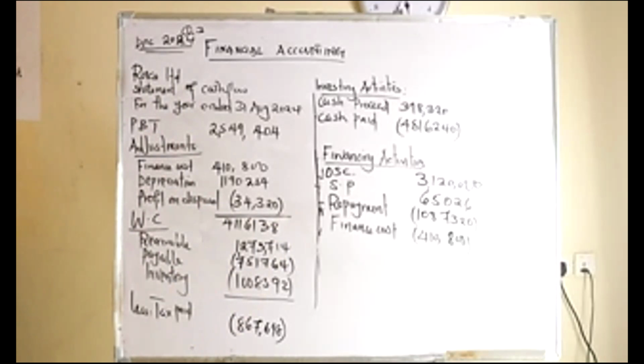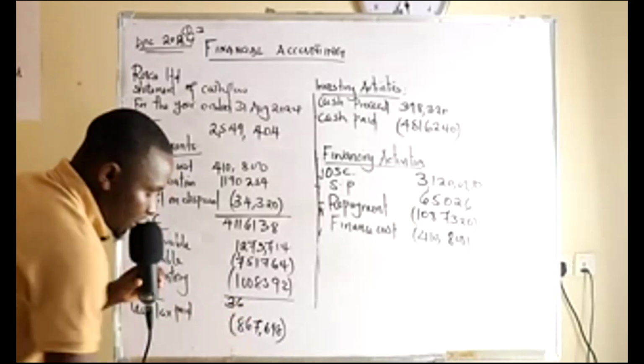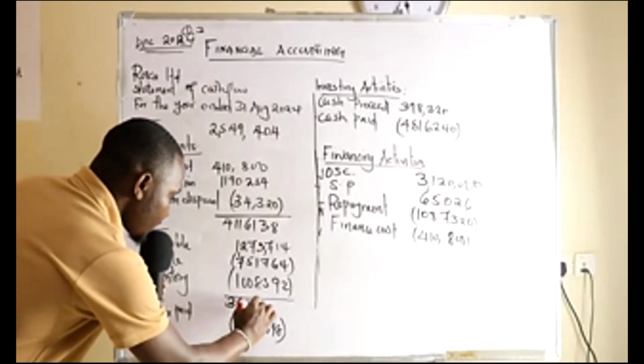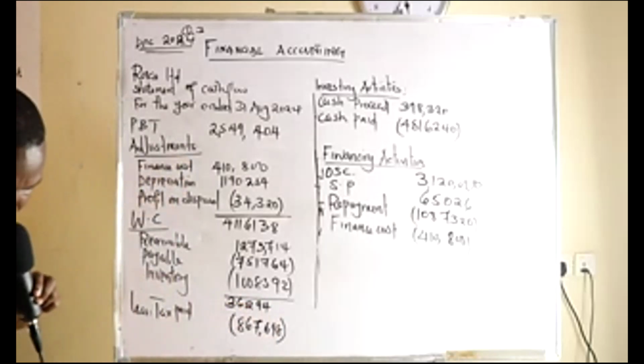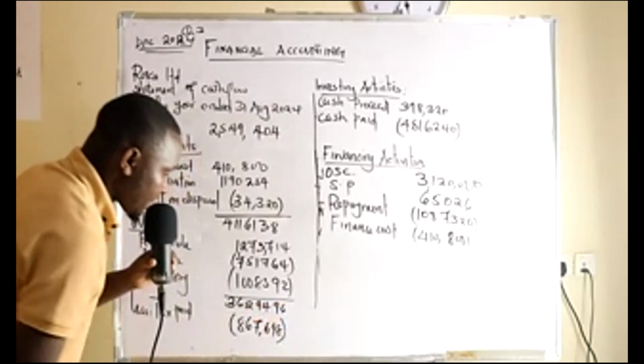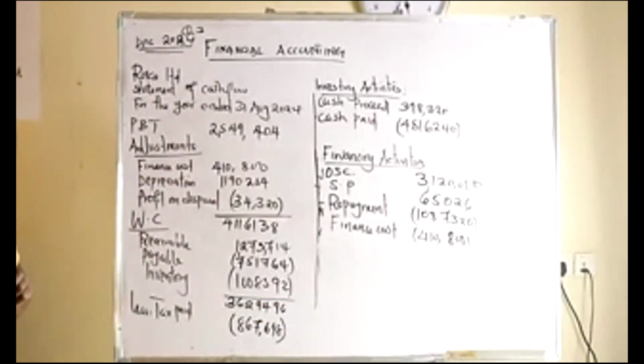So add this, subtract this. Plus 1,273,714, minus 751,764, minus 18,592. So I'm getting 36,294,96. So subtract the tax, minus 867,698.